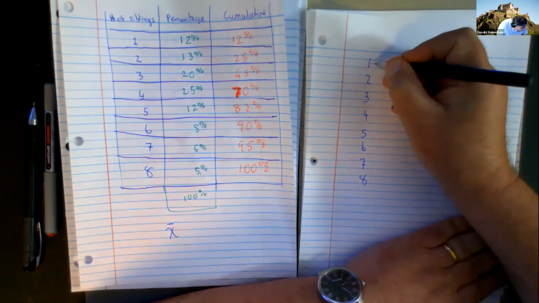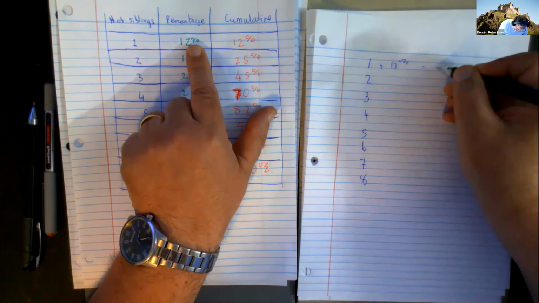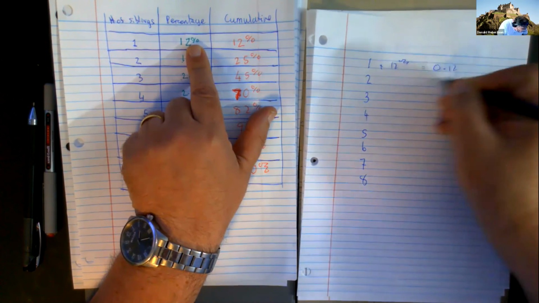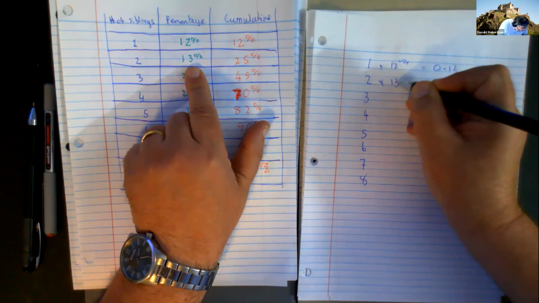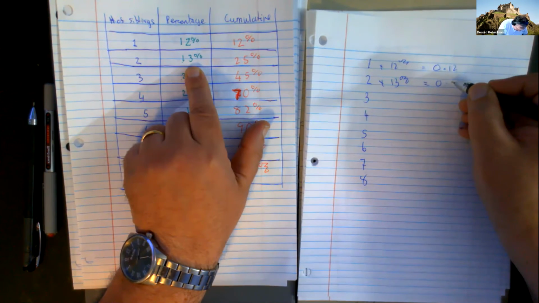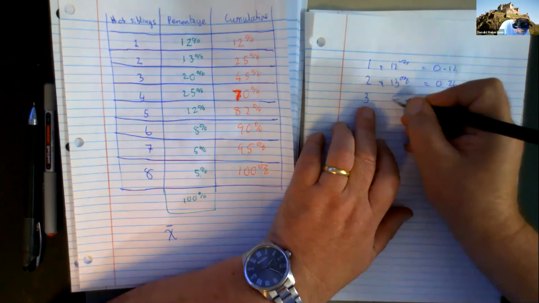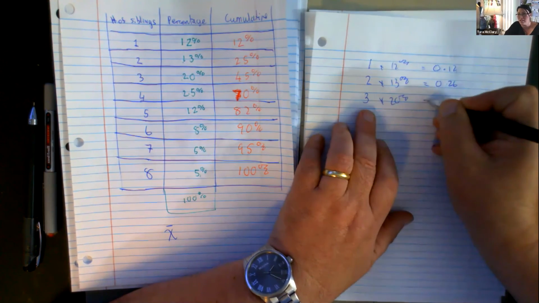And I'm going to find 12% of 1, which is 0.12. I'm going to do 13% of 2, which is 0.26. So are we just converting the percentages into decimals then?